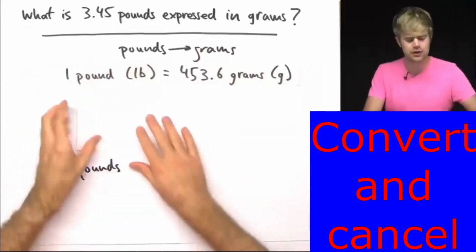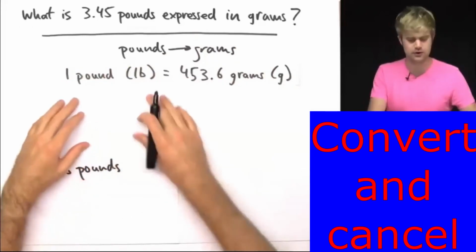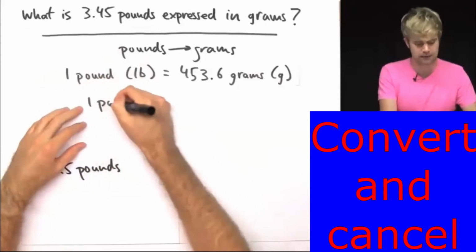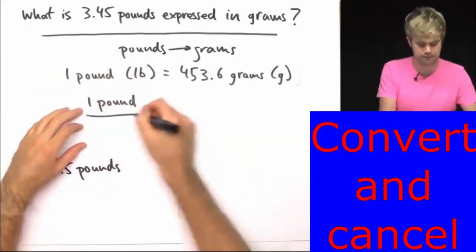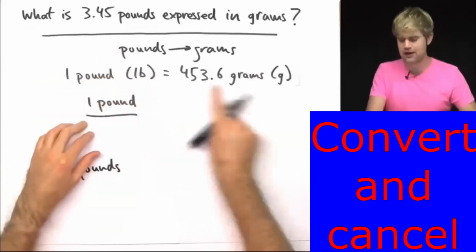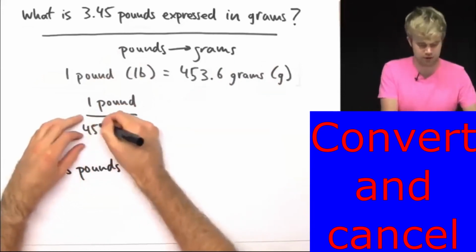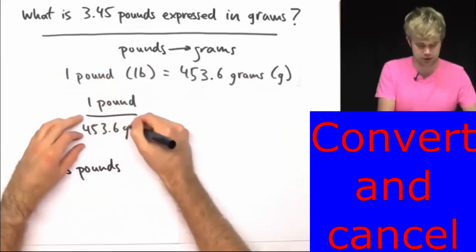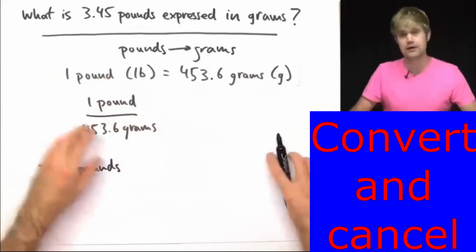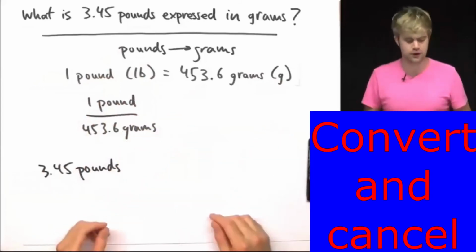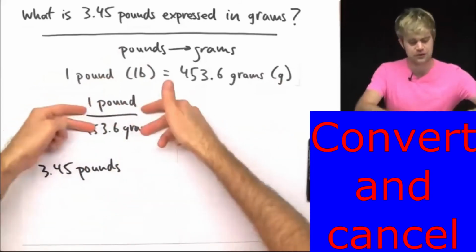So here's how we can take this and write a conversion factor. We're going to take this side of the equation, 1 pound, and put it on the top of the fraction, and there's a fraction line. And then this part of the equation is going to be on the bottom. So it's going to be 453.6 grams. Now that's one of the two conversion factors. The other conversion factor that we're going to write is we just take this and we flip it.